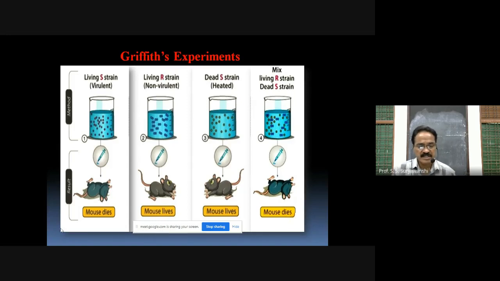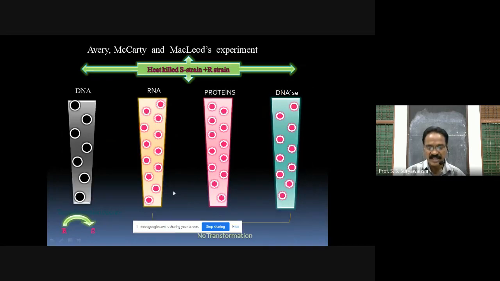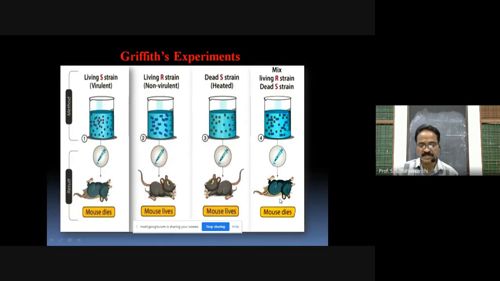So here the things are very interesting: something was there which remained alive even though heat killed, but it is transferred to the R strain, and the result is the same, the mice were affected, and this R strain accepted it from the S strain which was already heat killed.